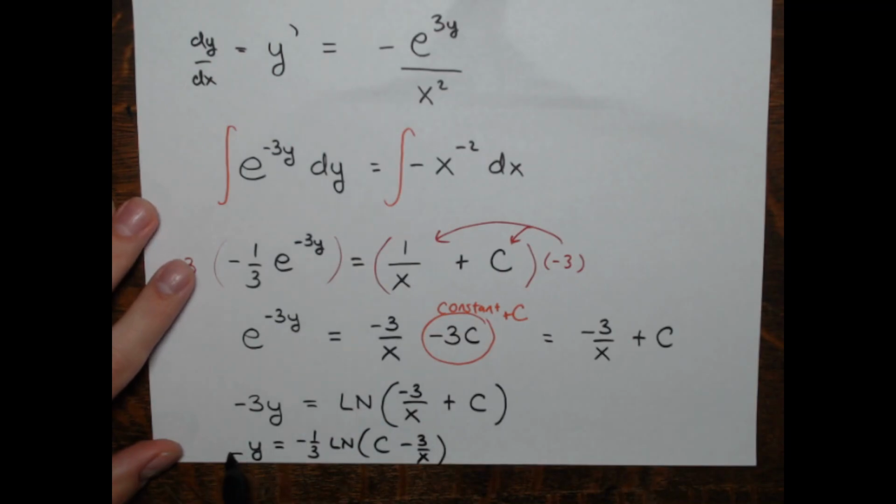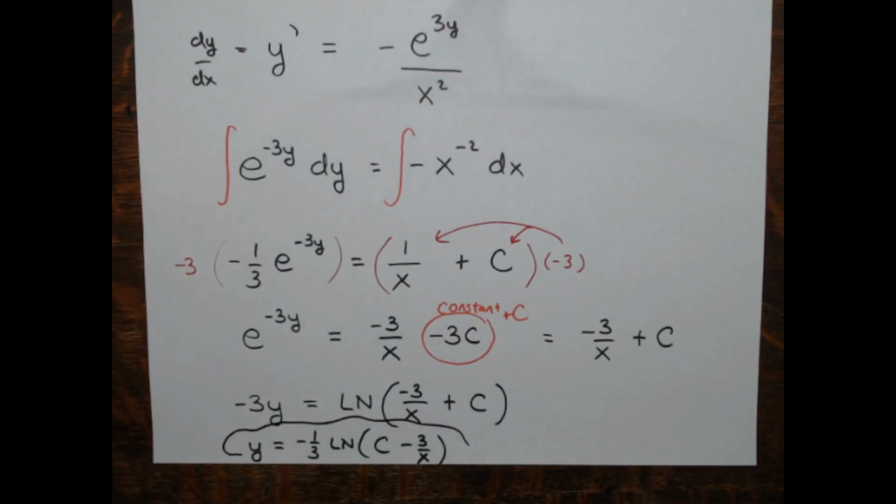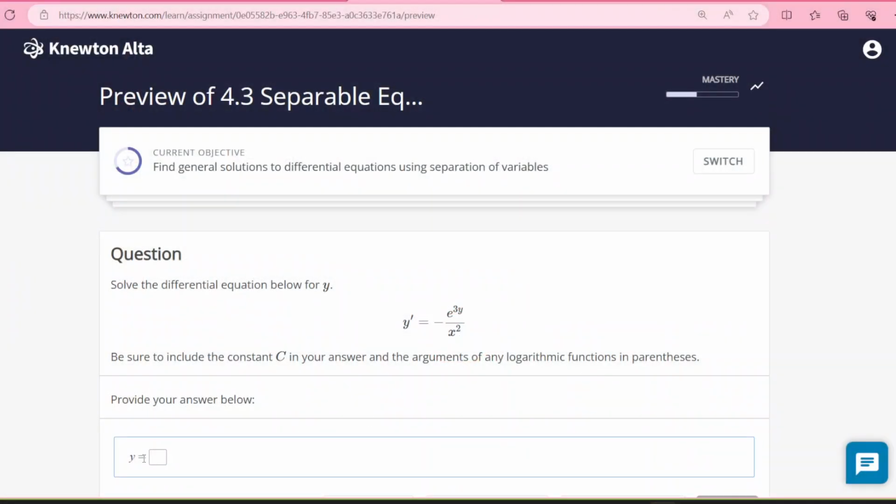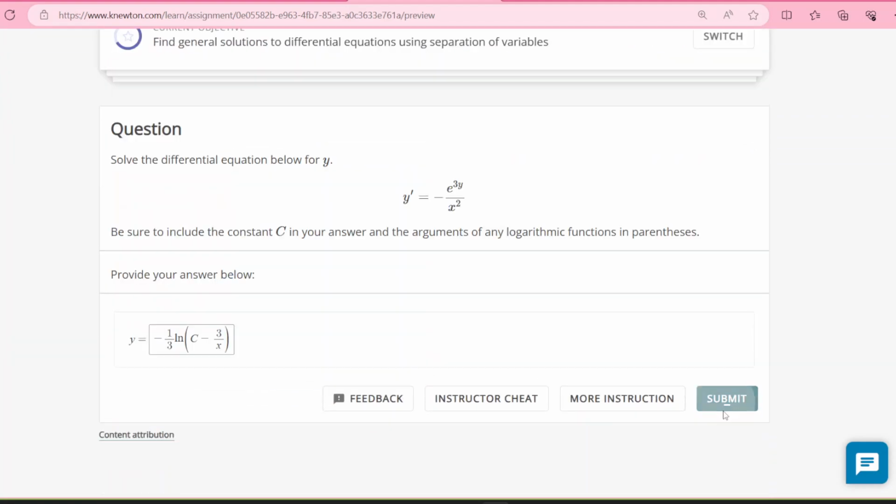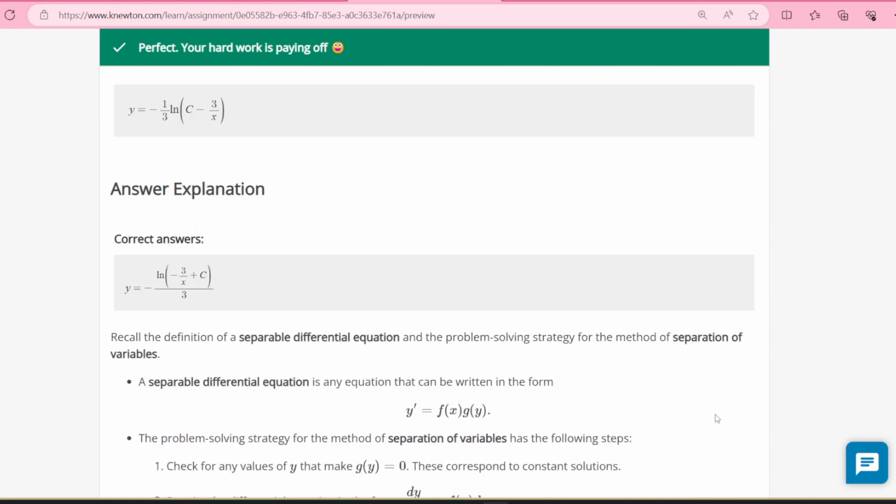And this is what I'll type in. So y equals negative 1/3 times the natural log of c minus 3 over x. Great. They have it written a little differently, but no biggie. It's equivalent.